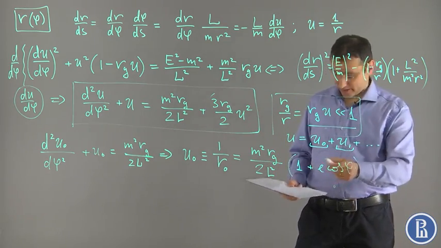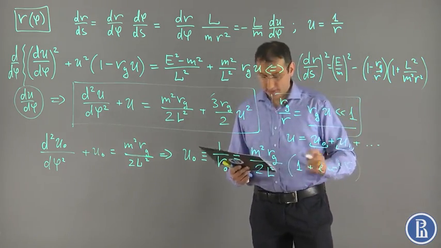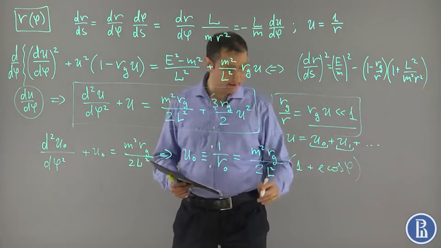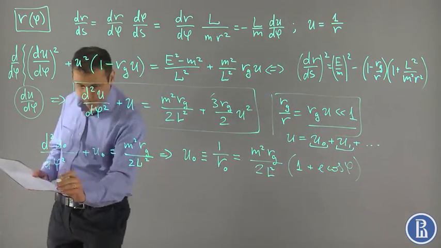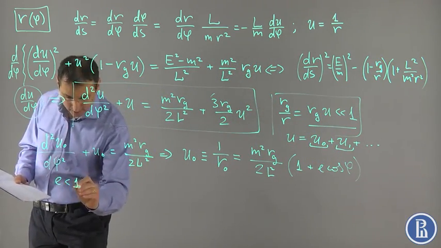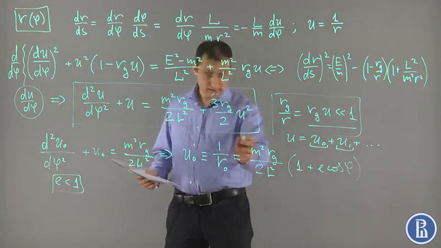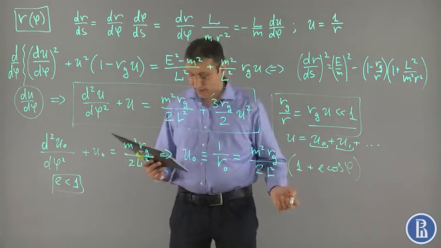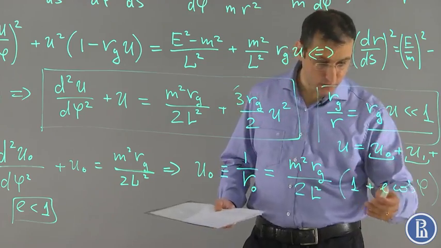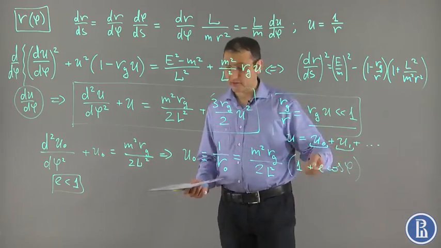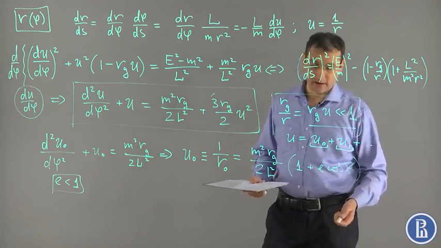So this is the amplitude. Anyway, e is called the eccentricity. If e is less than 1, then this thing is nothing but the ellipse. If e equals 1, we have a parabola. If e is greater than 1, we have a hyperbola.